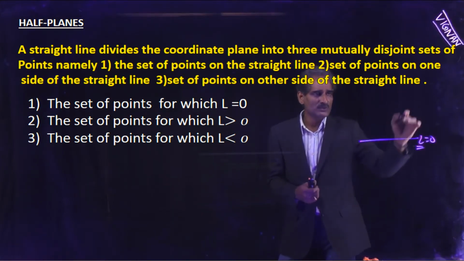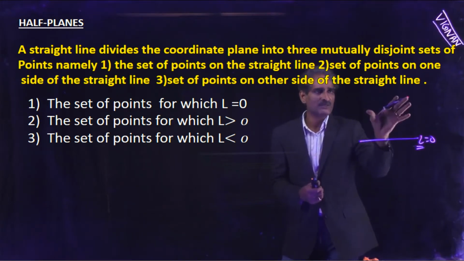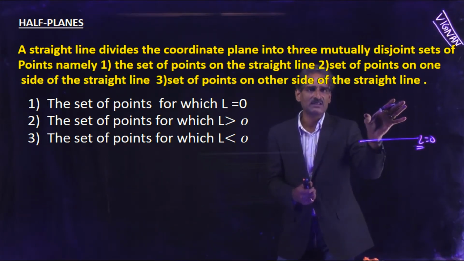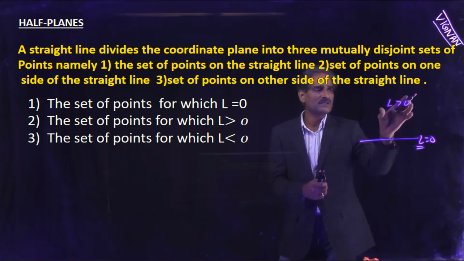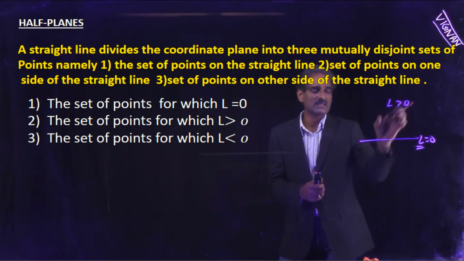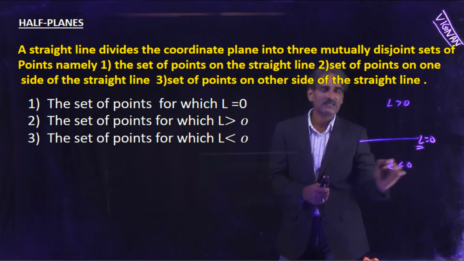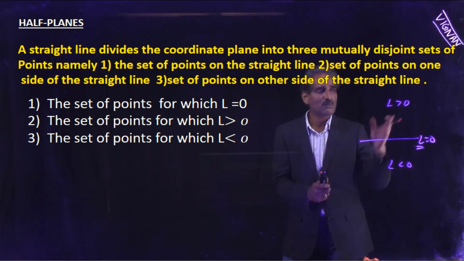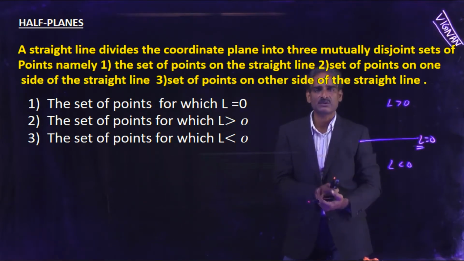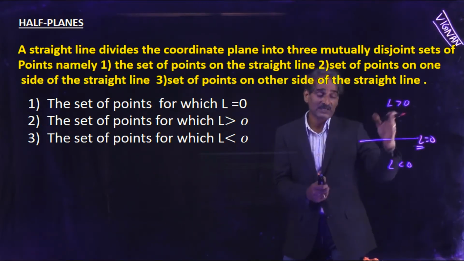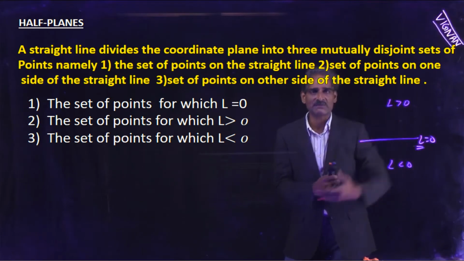Now observe the points on this side; maybe L is greater than 0. Then on the other side we will get L less than 0. If L less than 0 is on one side, then we will get L greater than 0 on the other. That means we get opposite signs on either side of the line.